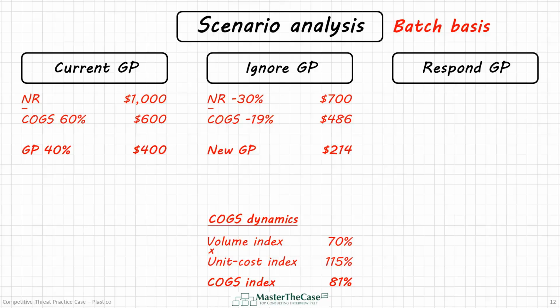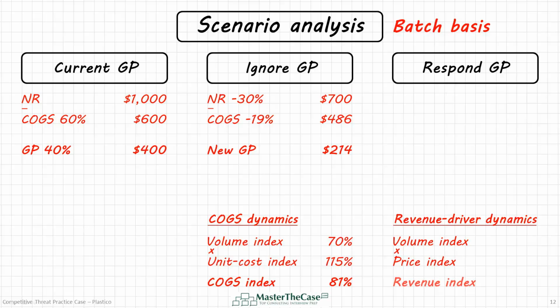Let's figure out the revenue driver dynamics first. In order to do that, I will start with the volume index and multiply it by the price index to determine the revenue index. So plugging in the numbers, we know that volume would decline by 10%.